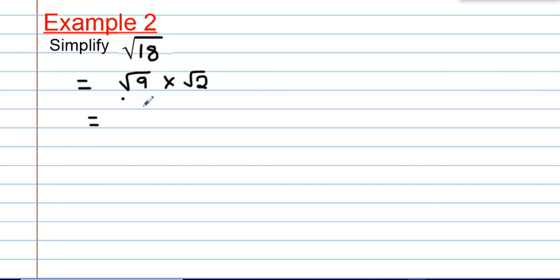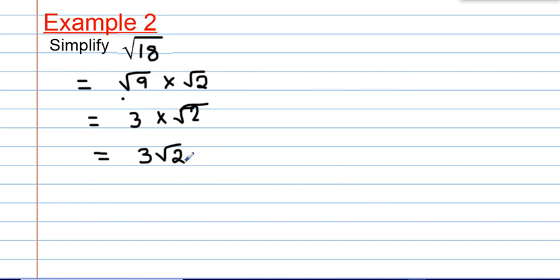And root 9 is 3 times root 2. And that will simplify into, just like we do in algebra, we remove the multiplication sign, 3 root 2.